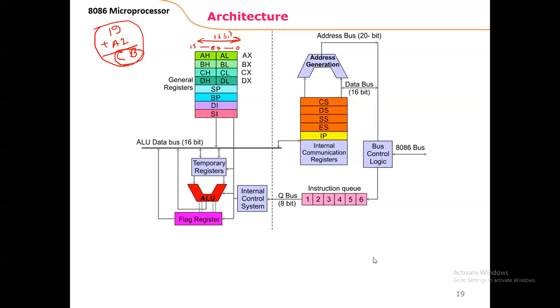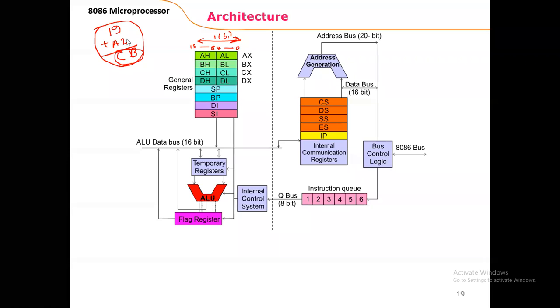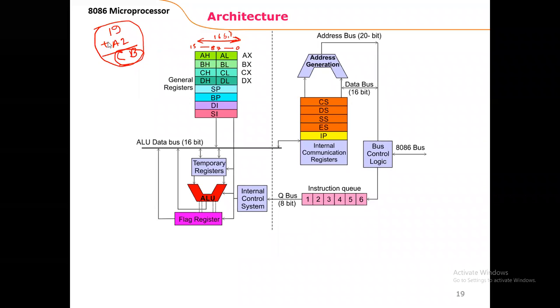So, is this all clear? This is a simple hexadecimal addition. One hexadecimal digit means 4 bits in binary.